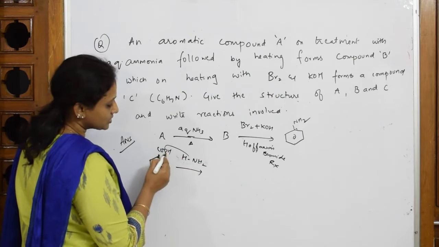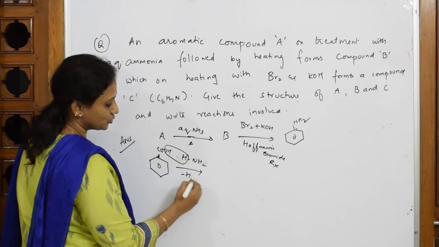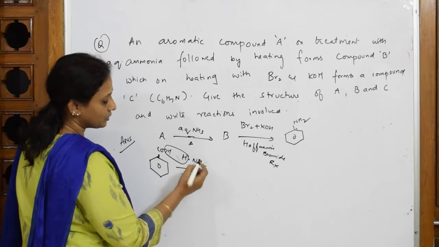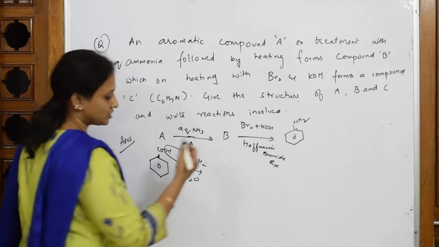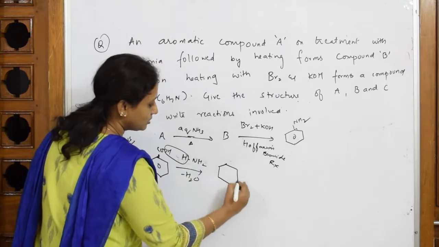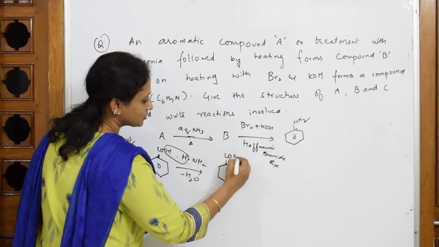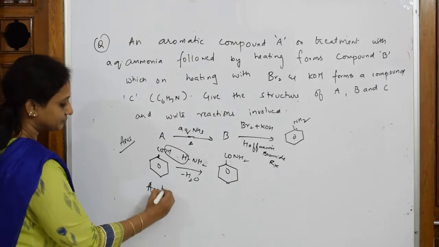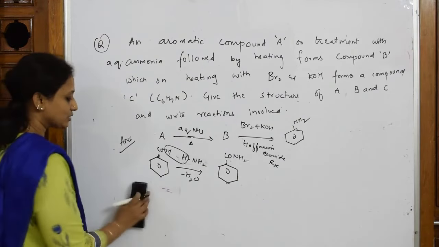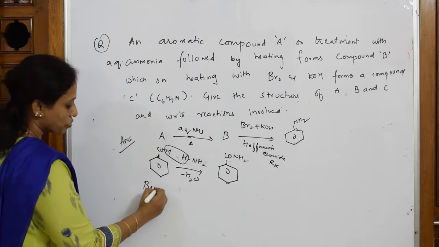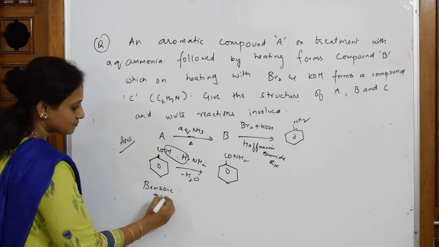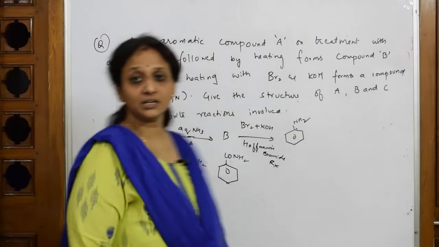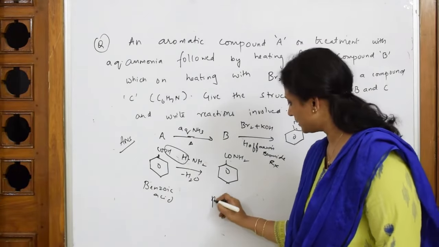This hydrogen comes out with OH as H2O, and I add NH2 to this. So I get a compound with CO and NH2, an amide. Sorry, this is benzoic acid. Benzoic acid in the presence of ammonia forms benzamide.